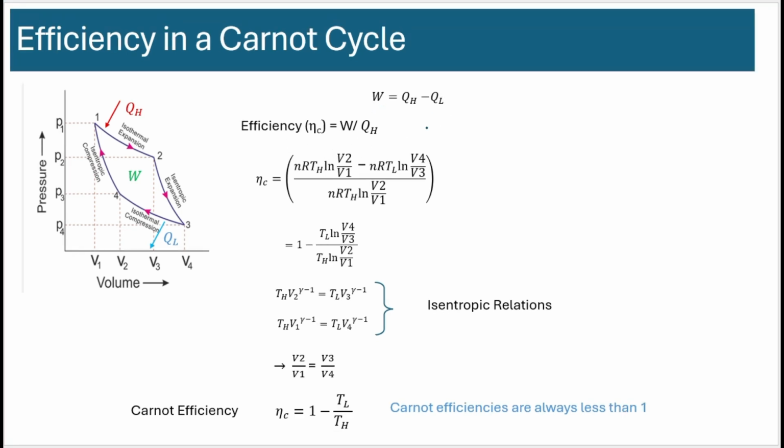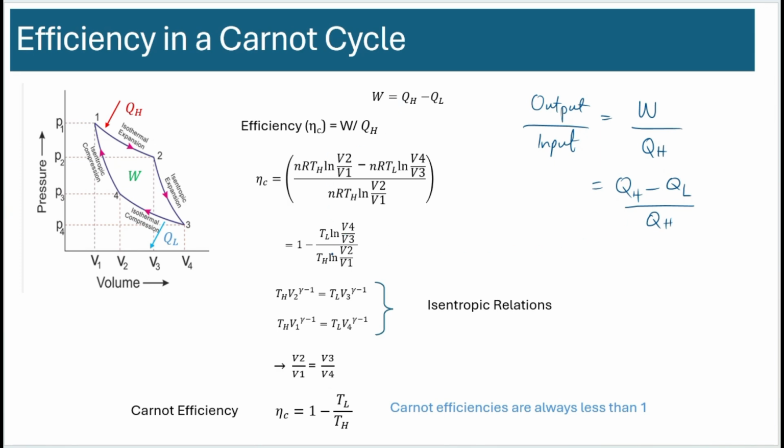Now the efficiency is basically output over input, right? So output is basically work, and the input is the amount of heat that's being put on the inlet side, how much heat you're putting. QL is the waste. So in other words, you could write QH minus QL over QH, right?